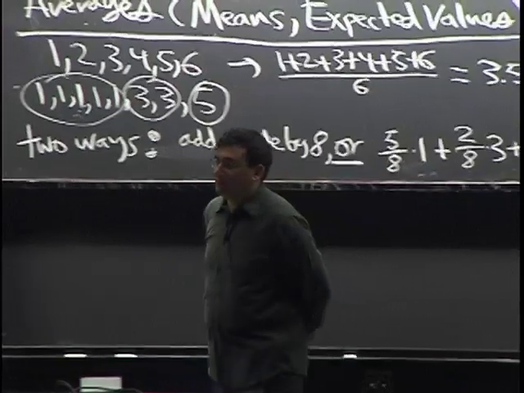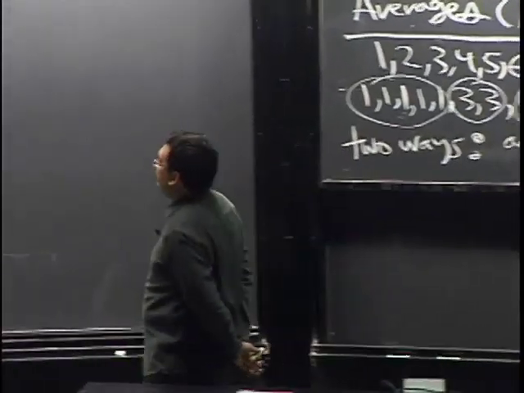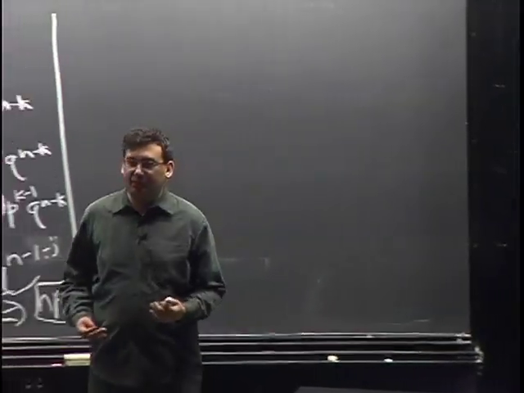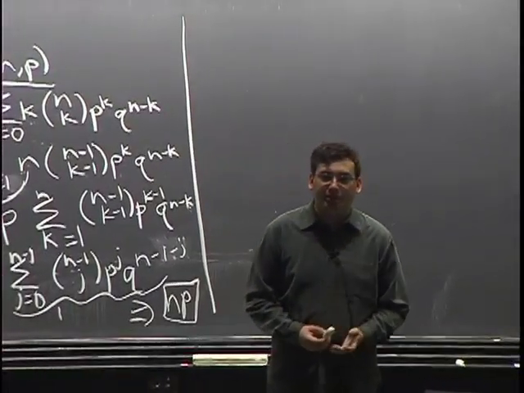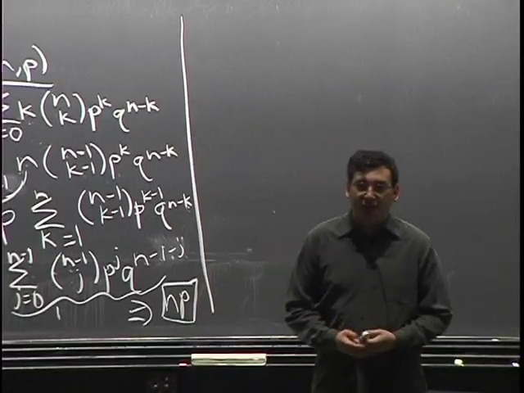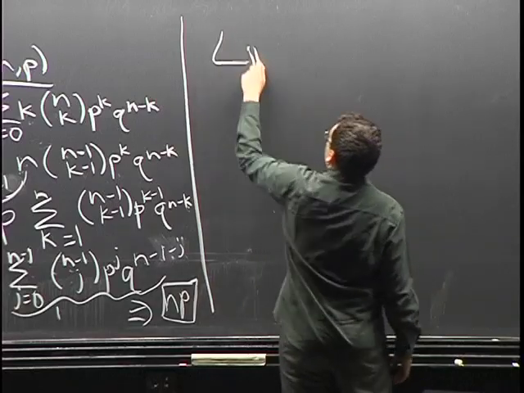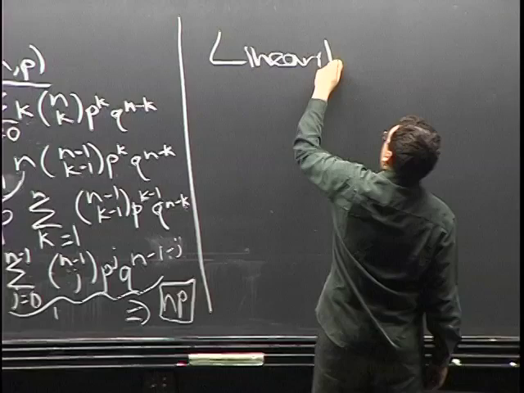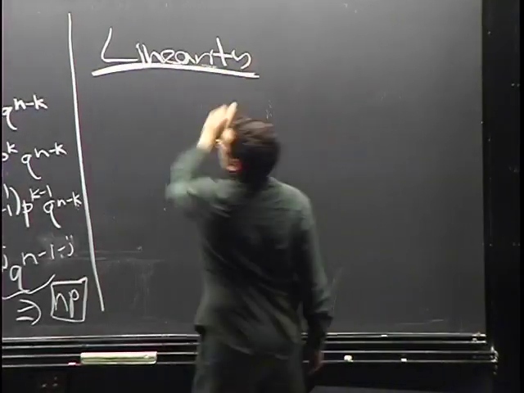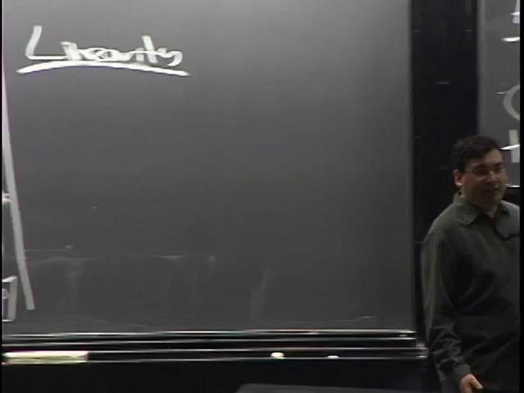Here's a better way to do this. The key idea, actually not just probably, definitely the single most important property of expectation is what's called linearity. We're going to use linearity over and over and over again.